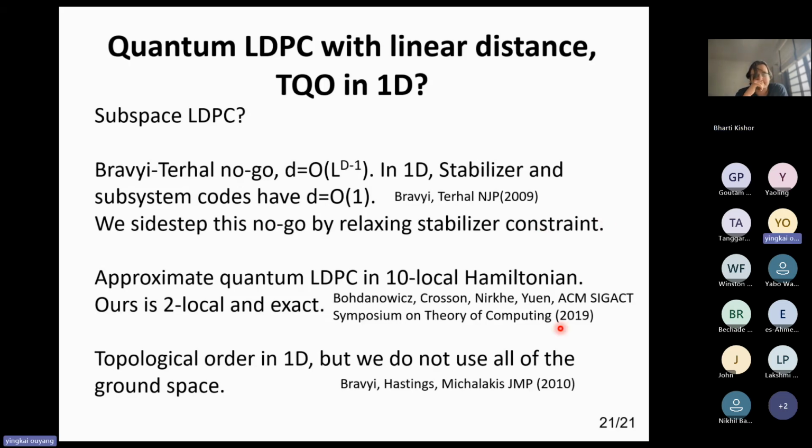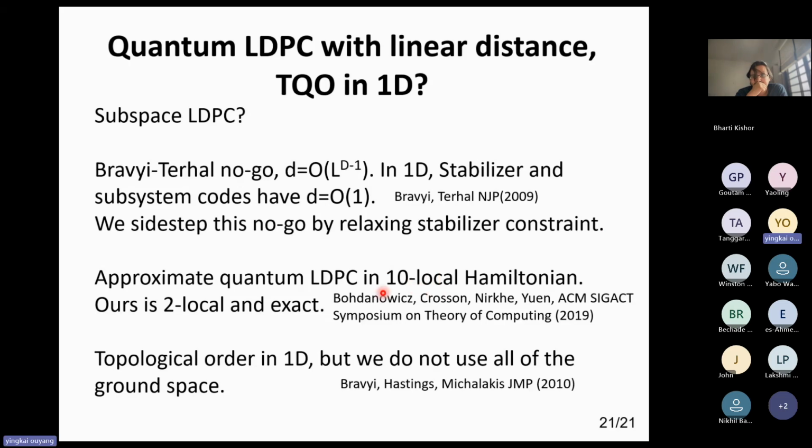So what was the result of this paper, the 2019 paper? Oh, the result of this paper is that they discussed approximate quantum error correction. They had this 10-local Hamiltonian, and they put this code in as the ground space of this 10-local Hamiltonian.